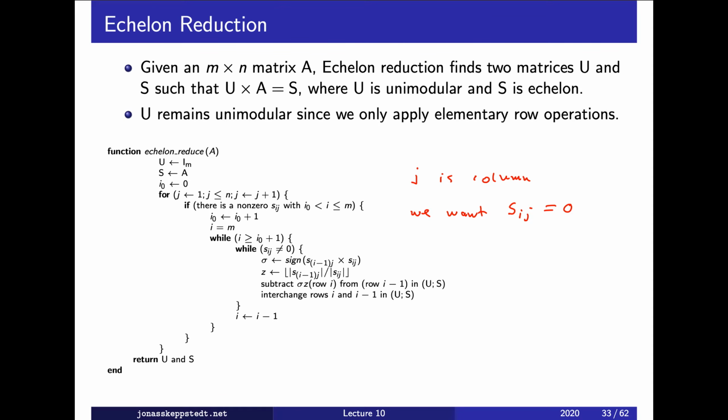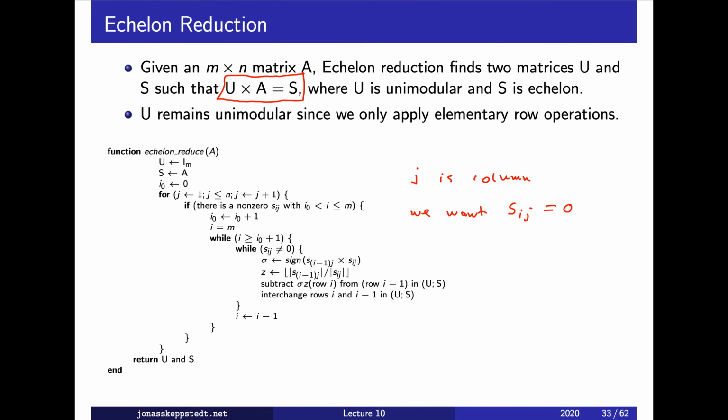And this is always true. We start with U being the identity matrix and S being a copy of A. So initially it's true. And then when we do something with S, we do the same on the other side.